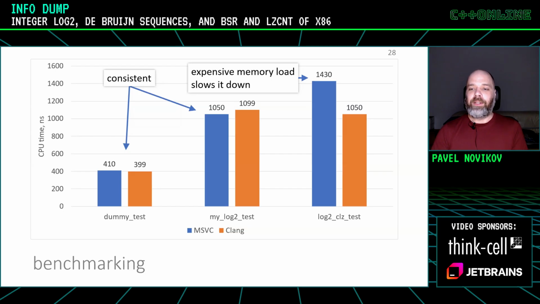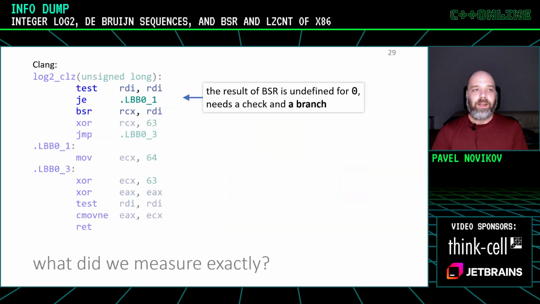And curiously, the Clang version with BSR has relatively the same performance as our implementation using De Bruijn sequences. This is a result that is, in my opinion, a little more honest, or more fair.